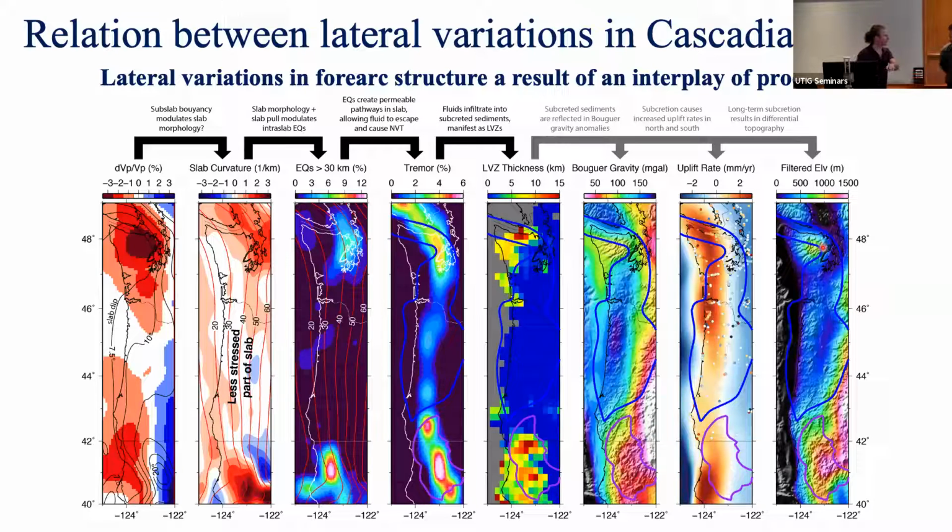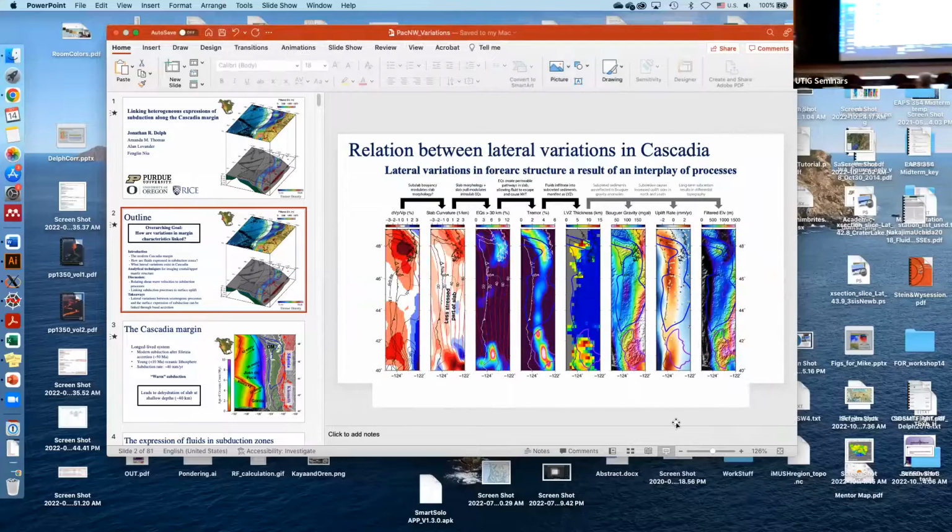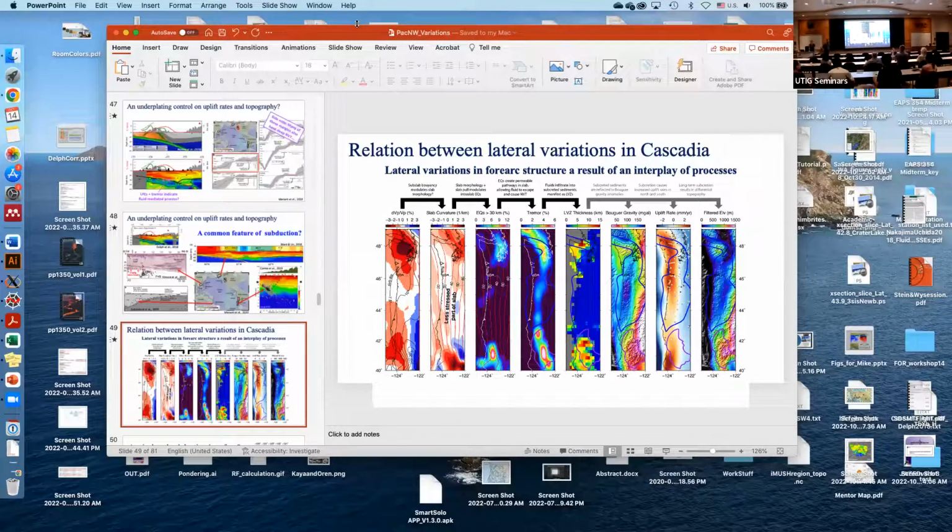I have a question about the physical expression of those low velocity zones. I'm more an active seismologist. We've studied volcanic arcs a lot, and I mostly looked at compressional velocity structures to understand the nature of volcanism and the volcanic rock.